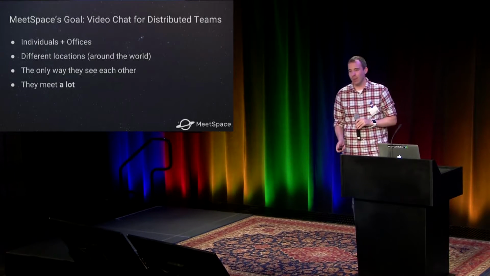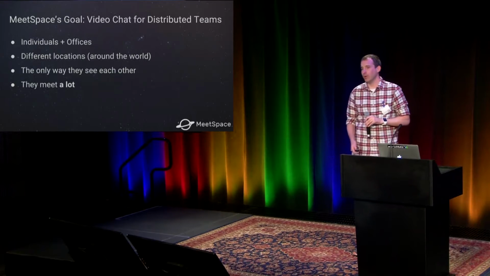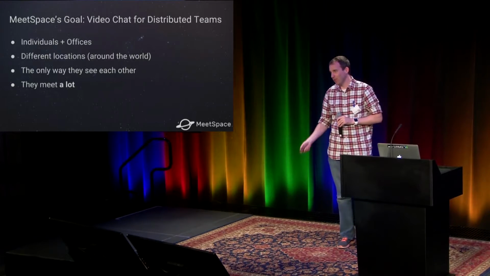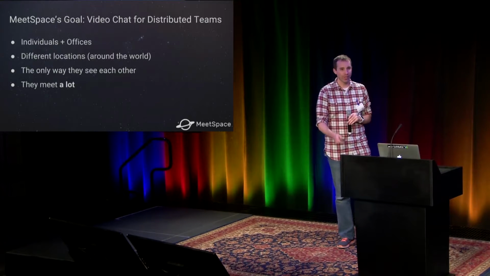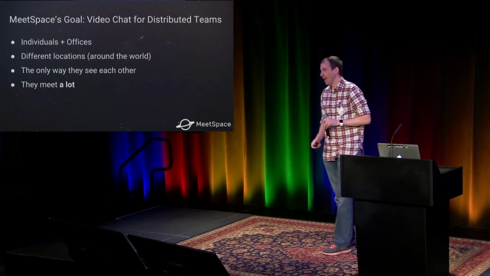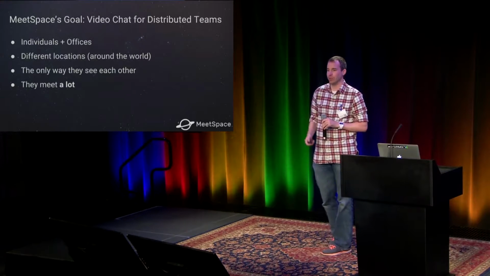And video chat might be the only way they really see each other. And also, they meet a lot because it's the only way that they see each other. So there's no hanging out around the water cooler. It's really just getting in touch on Hangouts, on Skype, and it can sometimes be difficult to keep those personal connections.